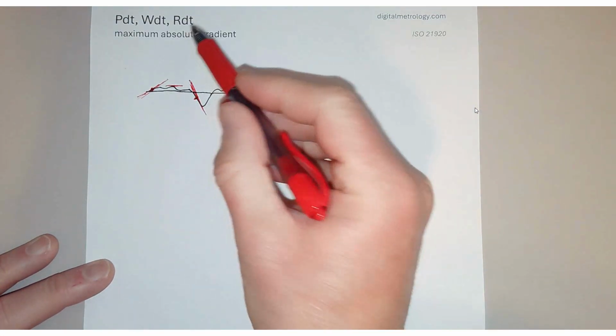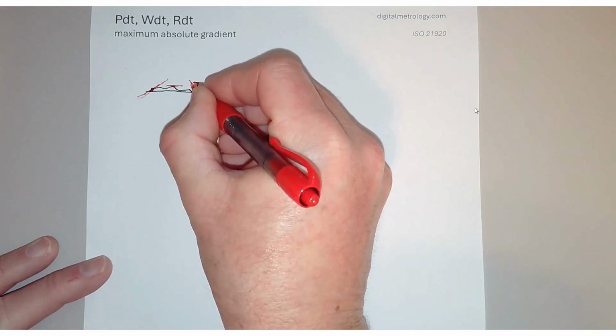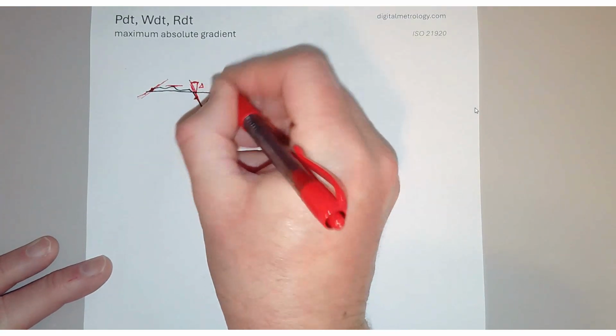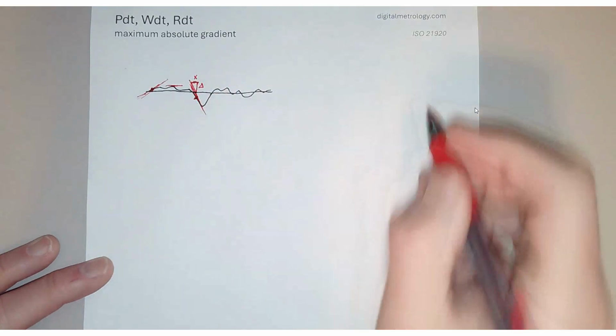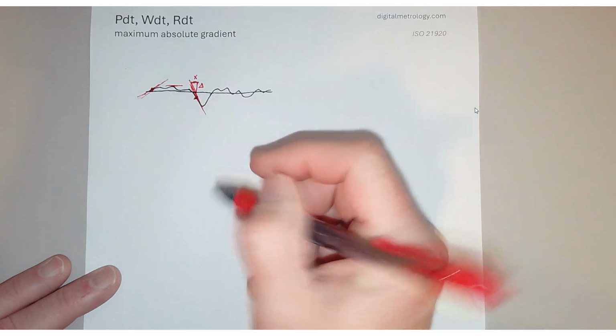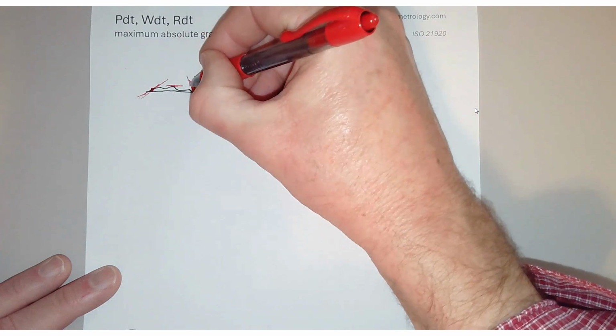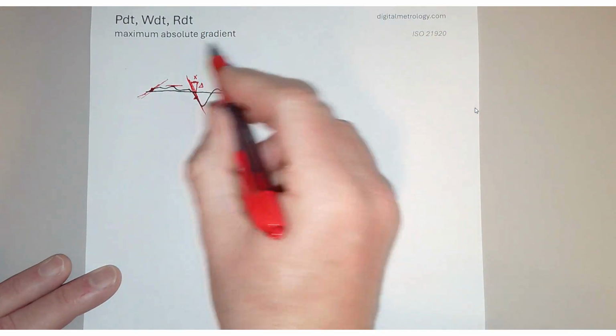The DT parameter helps us describe this. D means delta. It's the amount of change for a given amount of shift along the x-axis. In this case, DT, delta total, is actually referring to the maximum slope, the maximum gradient.